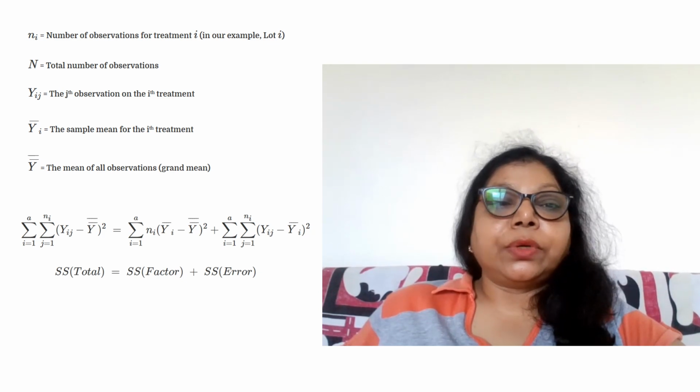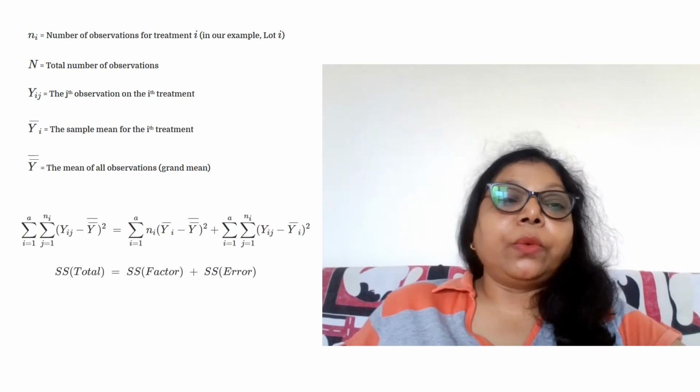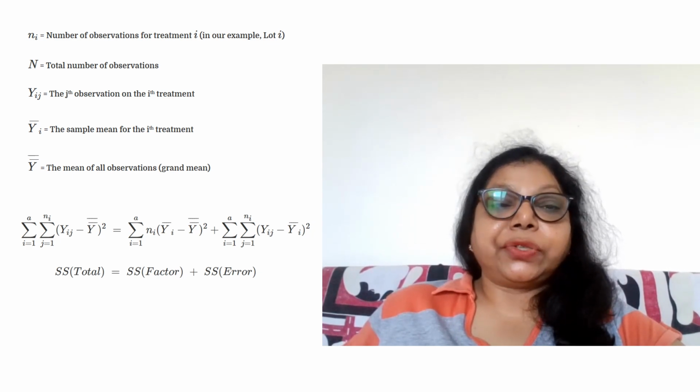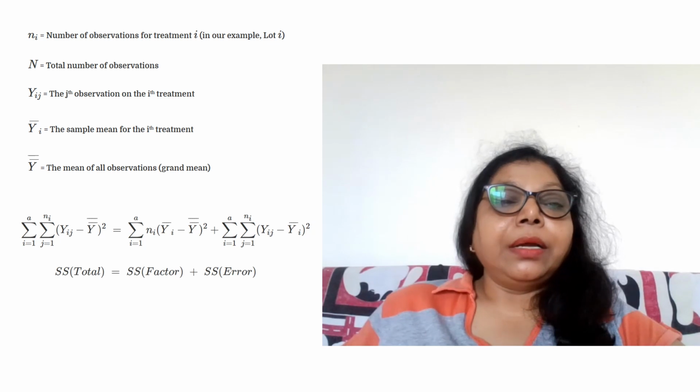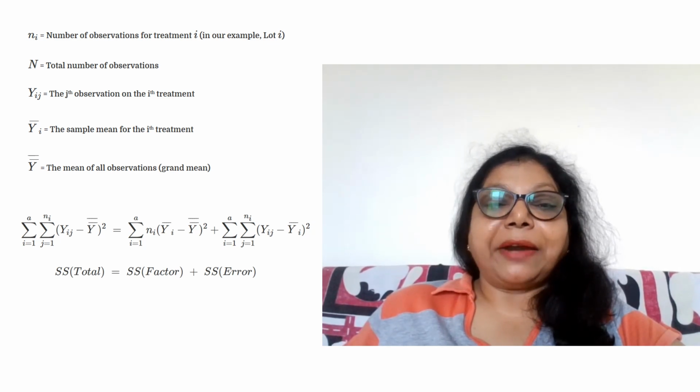Capital N is the total number of observations. Yij is the jth observation on the ith treatment. Y bar i is the sample mean for the ith treatment. And Y bar is the mean of all the observations, which is the grand mean.